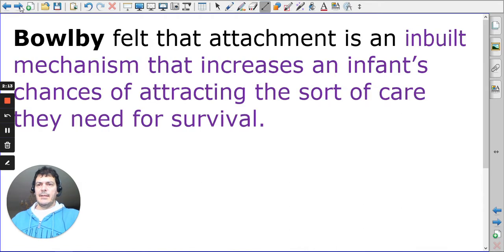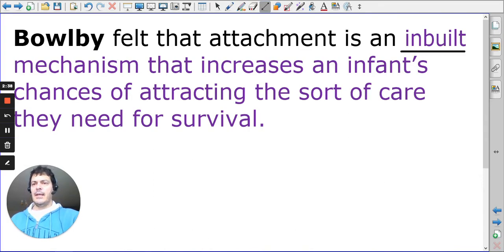Now, what I've done is I've labeled aspects of his work and given them numbers, and that is arbitrary in that it's not part of the specifications. It's helping me to explain to you where things are. But before we even get there, we see that he has this concept of attachment being an inbuilt mechanism.